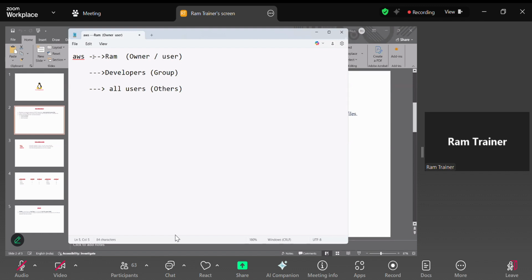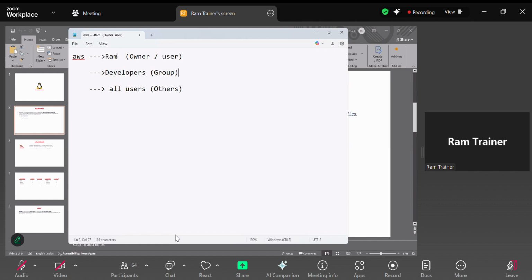Whoever created the file is the owner. Every file has only one owner by default, maybe this file, myself, Ram. Sometimes these files belong to group members, maybe developers or sales group or any other group.